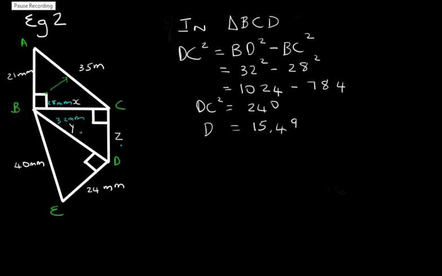So DC squared will be equal to 240, and DC will be equal to 15,49 millimeters. Therefore, Z is equal to 15,49 millimeters.